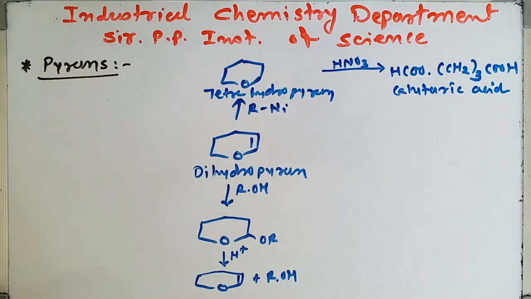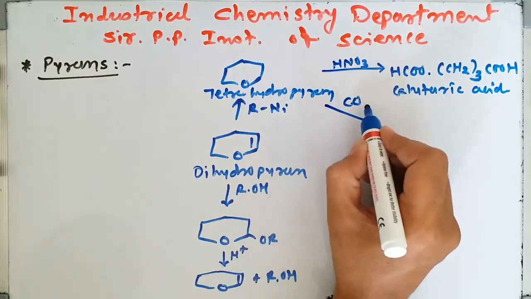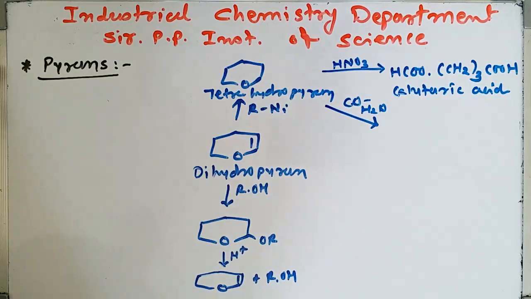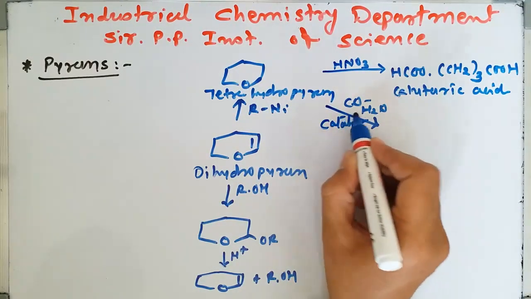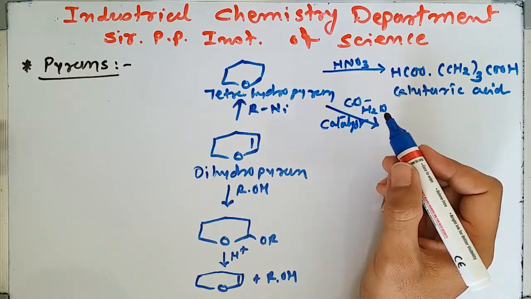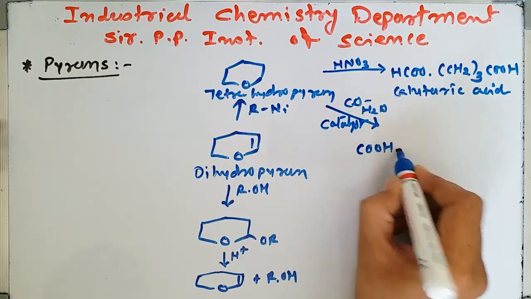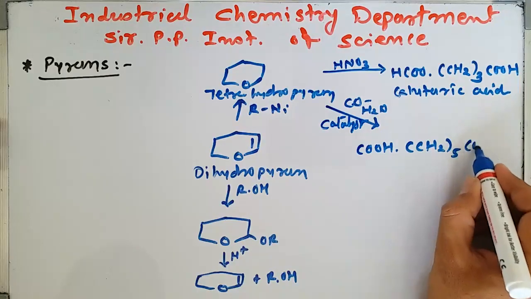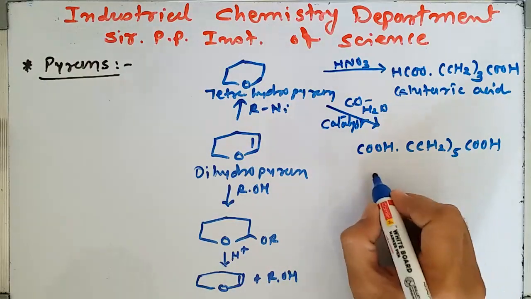Tetrahydropyran is converted into HOOC-CH2 five times-COOH, and this is pimelic acid.